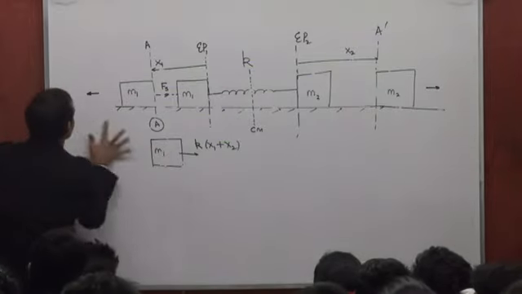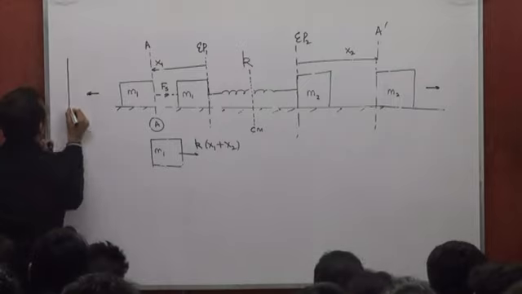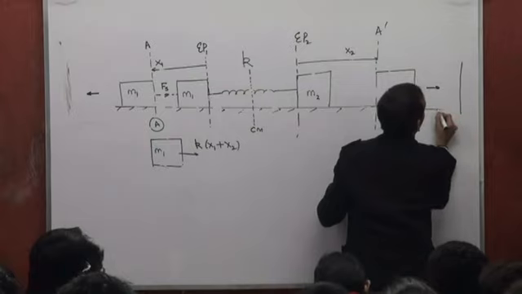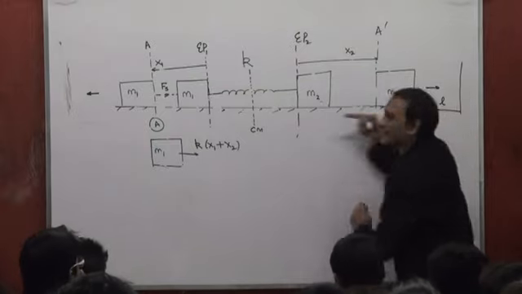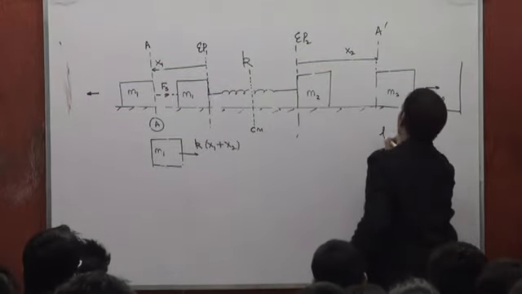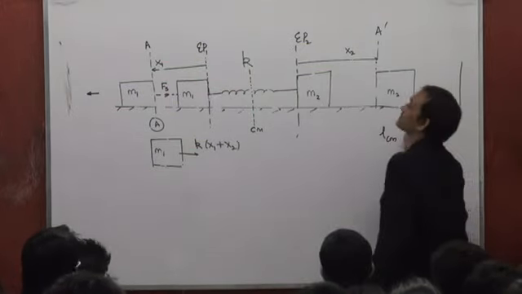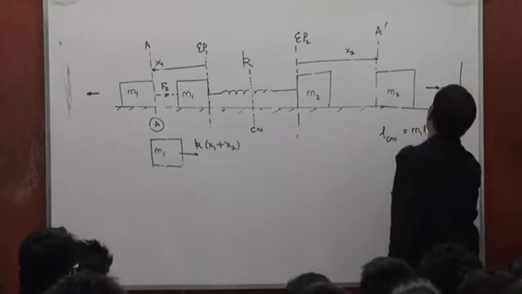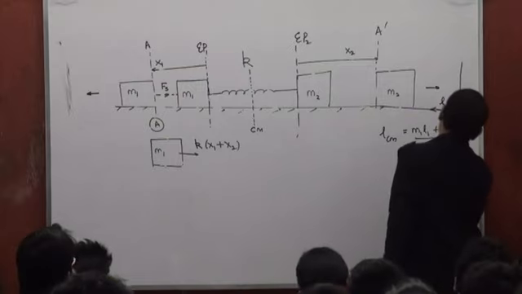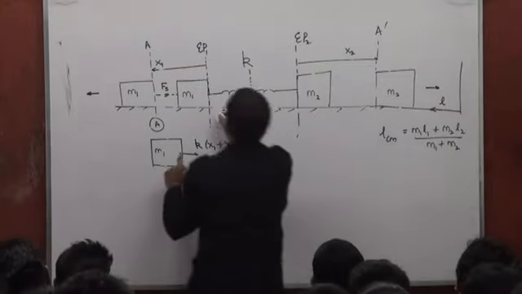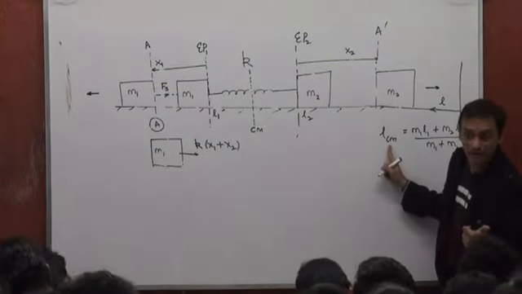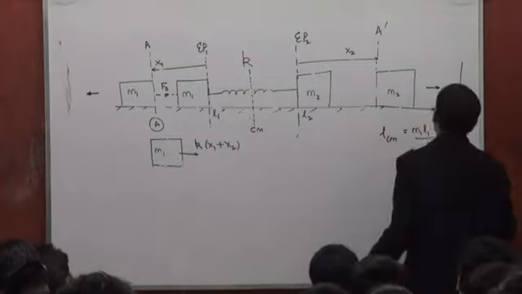Or just in case you don't feel comfortable with it, let me think of it as follows. Say this was the L direction. Then the L coordinate of the center of mass is going to be, say, (m1 L1 plus m2 L2) by (m1 plus m2). In this state, this was L1 and this was L2. This would be the L coordinate of the center of mass. Yes or no?